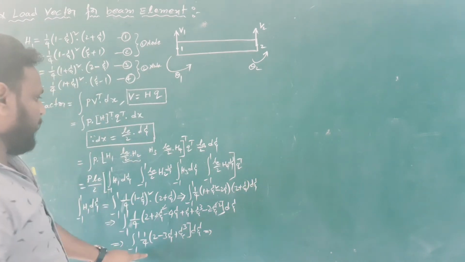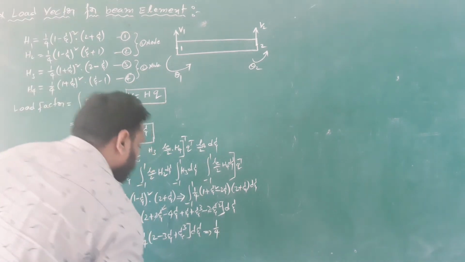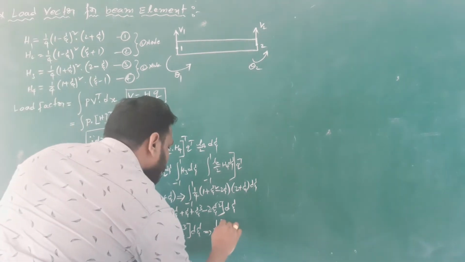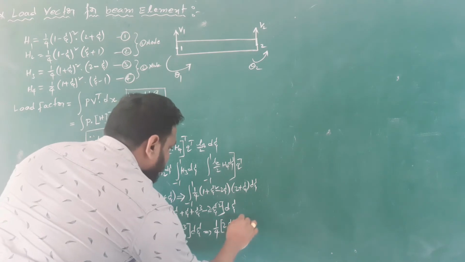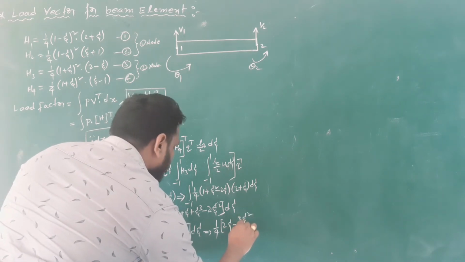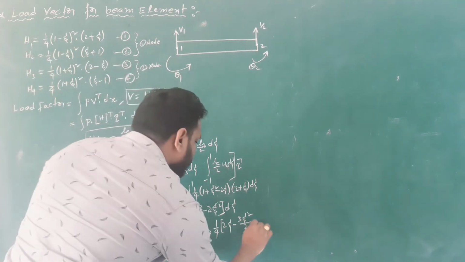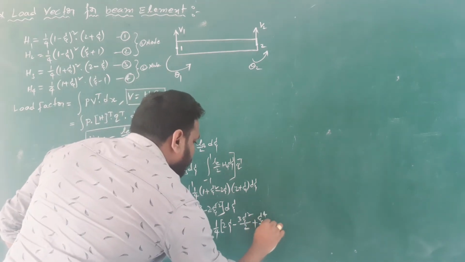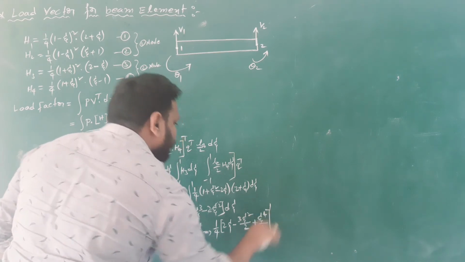After integration, 1 by 4 is constant. The integration of 2 is 2z, the integration of 3z is 3z square by 2, plus z cube integration, z power 4 by 4. It has limits minus 1 to 1.